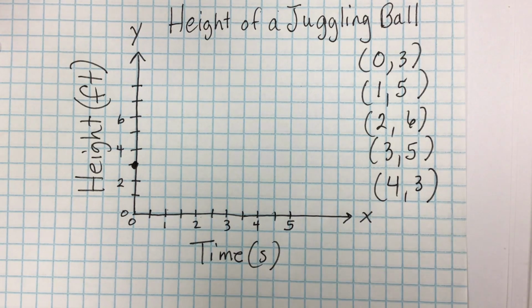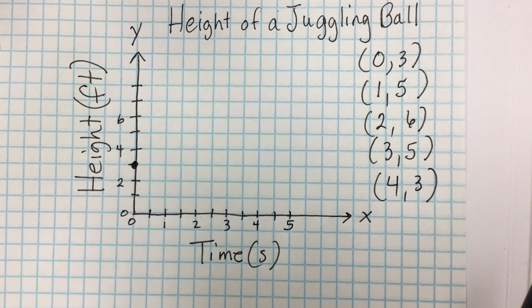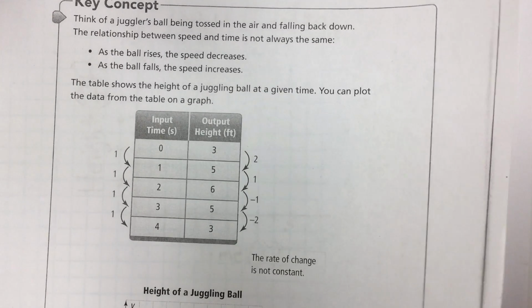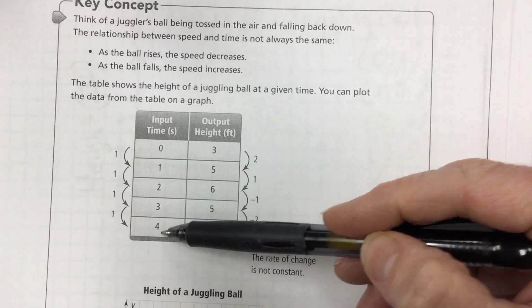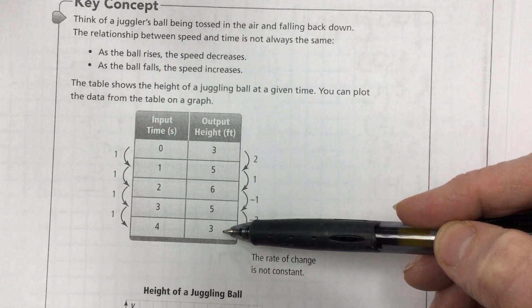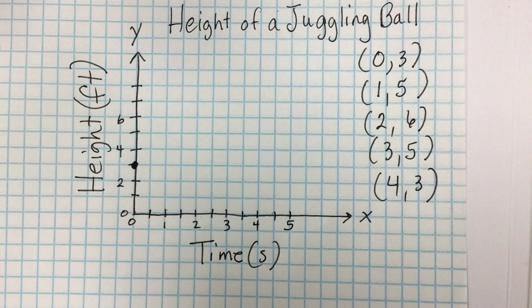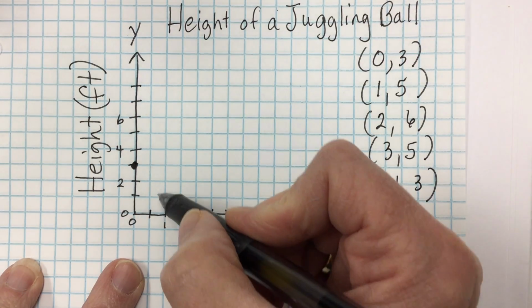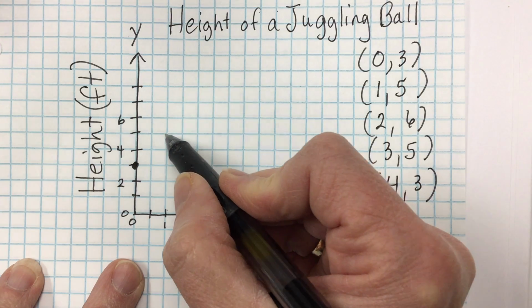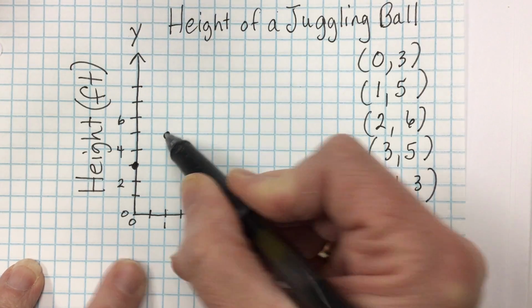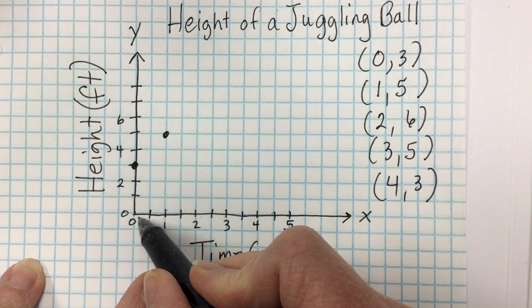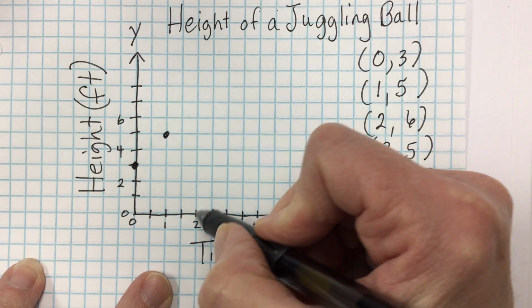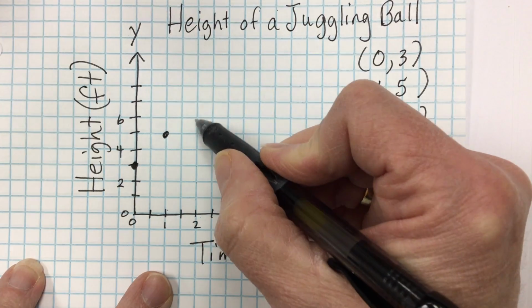Okay? So from our table, input was our time, output was our height. So let's plot these points. 0, 3, over 1, up 5, 1, 2, 3, 4, 5. Okay? 2, 6, so to the right 2 on X, up 6, 1, 2, 3, 4, 5, 6.